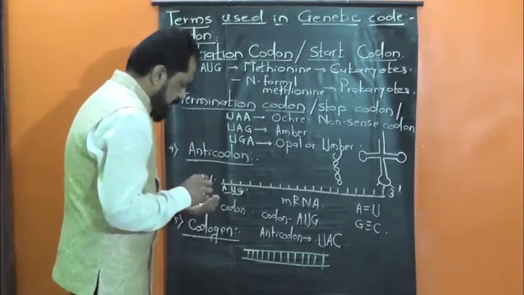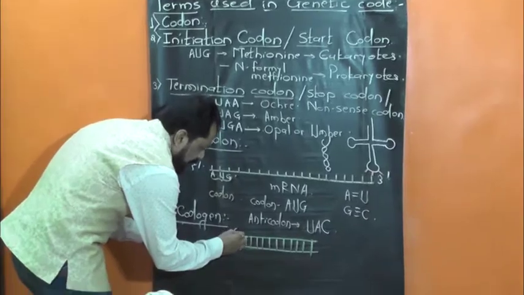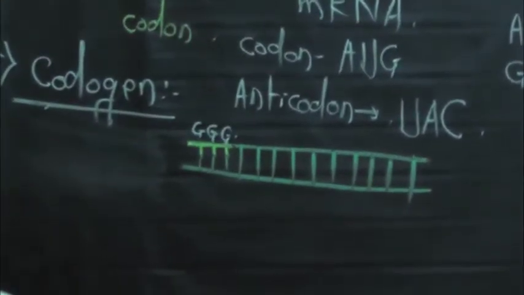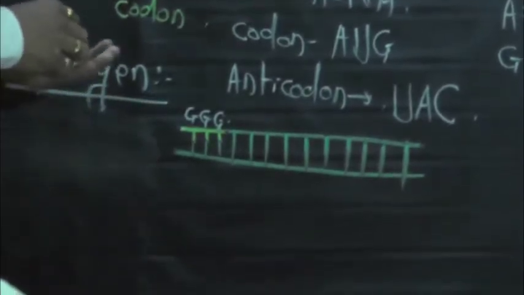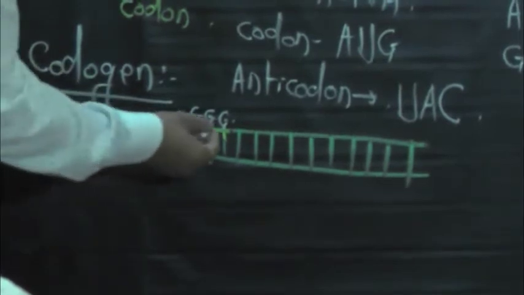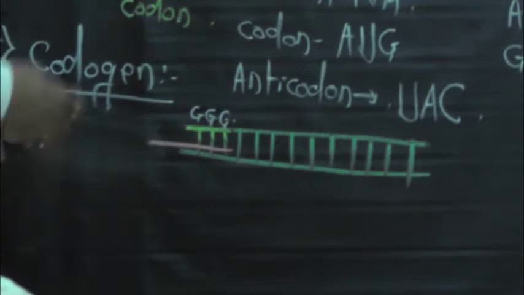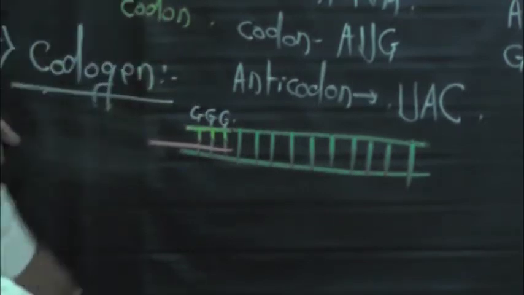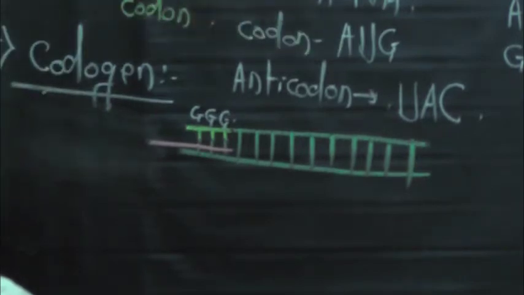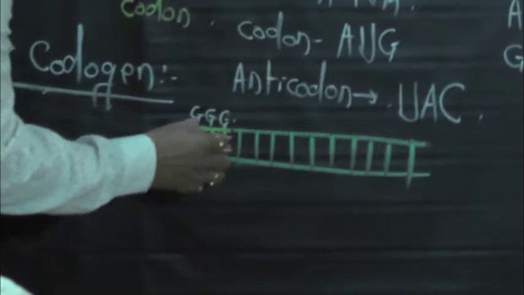Let us see. Suppose on this DNA strand there is a GGG nucleotide sequence, and whatever mRNA is synthesized on it, आणि या स्ट्रँडवर जो मेसेंजर आरएनए तयार होईल, अर्थातच त्या मेसेंजर आरएनए वर जीजीजी याच्या कॉम्प्लिमेंटरी नायट्रोजन बेसेस येतील. म्हणजे या ठिकाणी येणार आहे CCC.